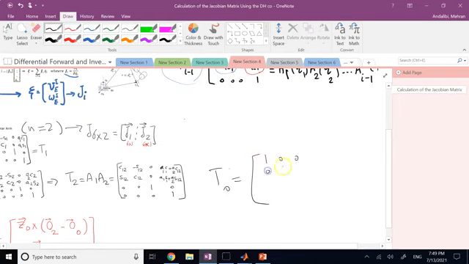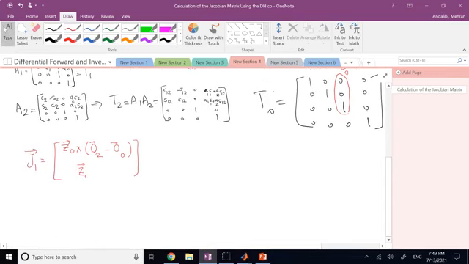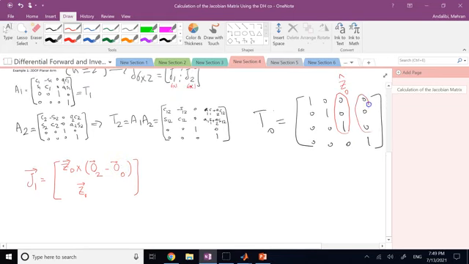So T0, if you ever want it, is the identity matrix for rotation and a bunch of zeros for the origin, and the last row is always constant. So this is O of 0 in 0, and this is Z of 0, which of course is the z-axis, 0, 0, 1. So Z0 is simply 0, 0, 1, no big deal. What is O0? Of course, that's the origin of the base.